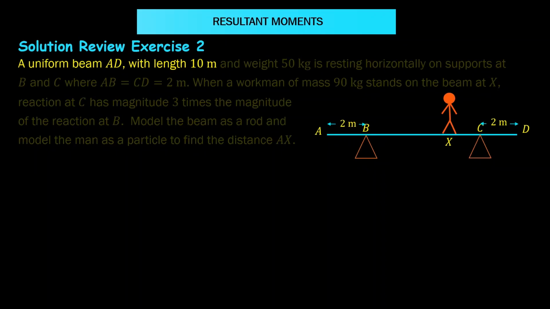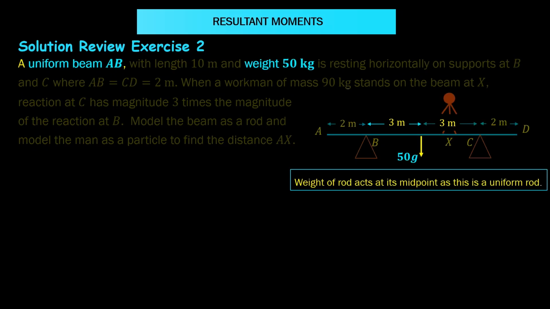Now let's consider the diagram and add some more details to it. Since the length of the beam is 10 meters and AB equals CD equals 2 meters, we have that the length of BC is equal to 6 meters. The weight is equal to 50 kilograms.